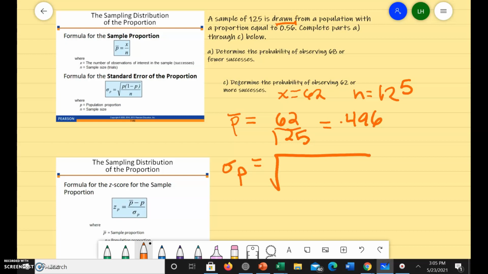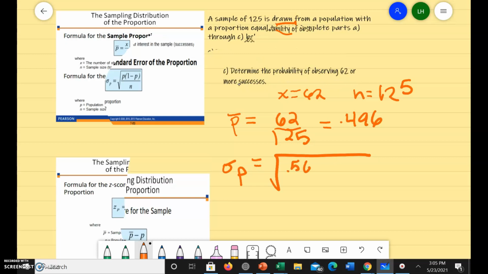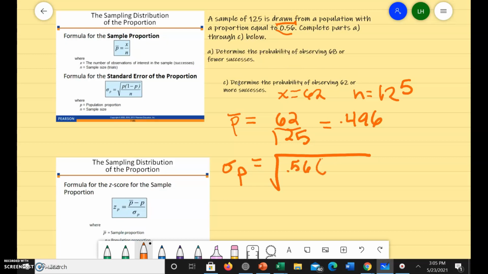So you take the population proportion, which is up here, 0.56, and times that by 1 minus 0.56 over N, which is 125. And I should have left that alone because that is going to be the same.